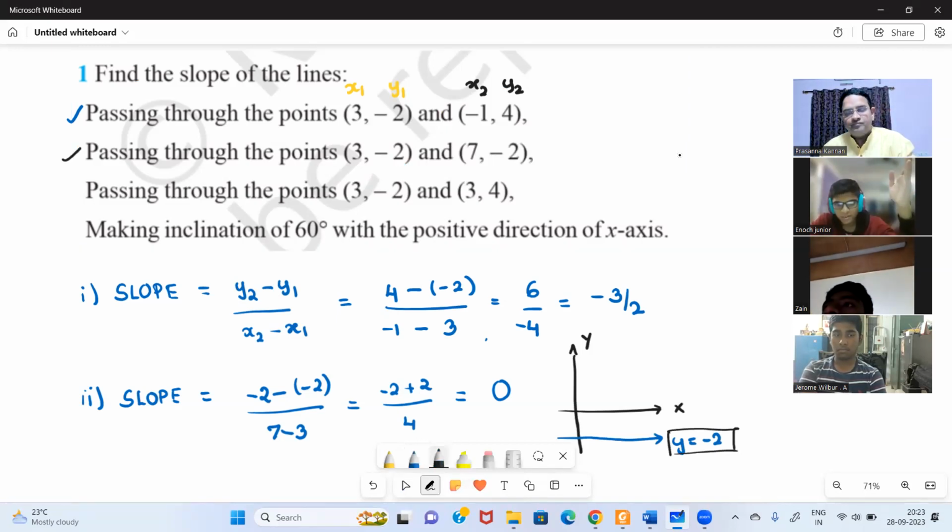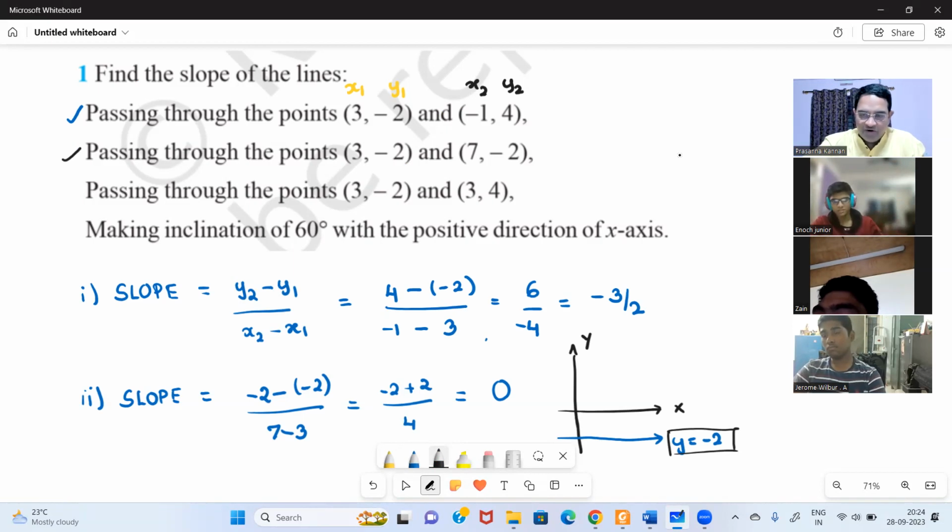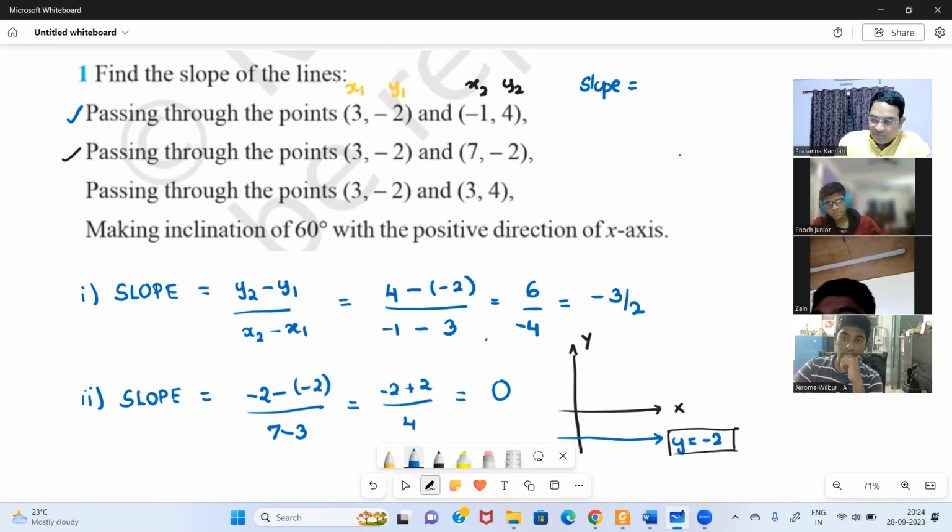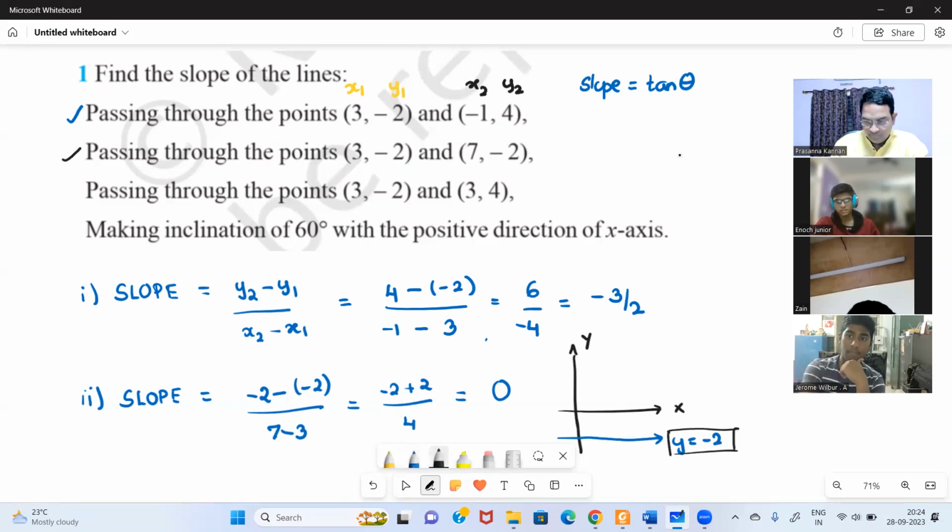Now tell me, if a line is parallel to the y-axis, it will be of the form x equal to constant. But the slope will be? Slope will be infinity. Very, very good question. See here, slope is nothing but, at a different point in time we had discussed, tan theta.